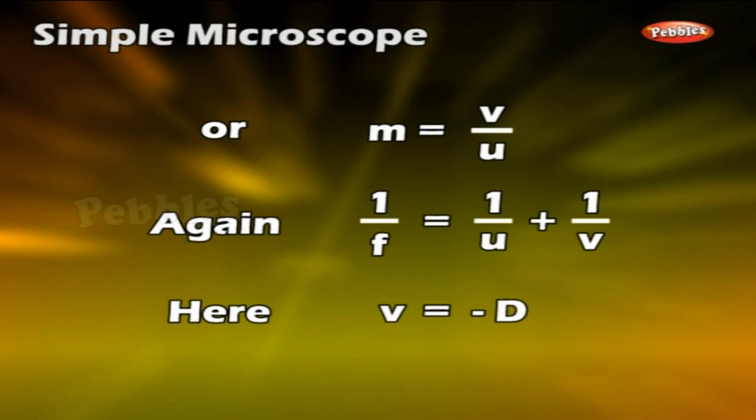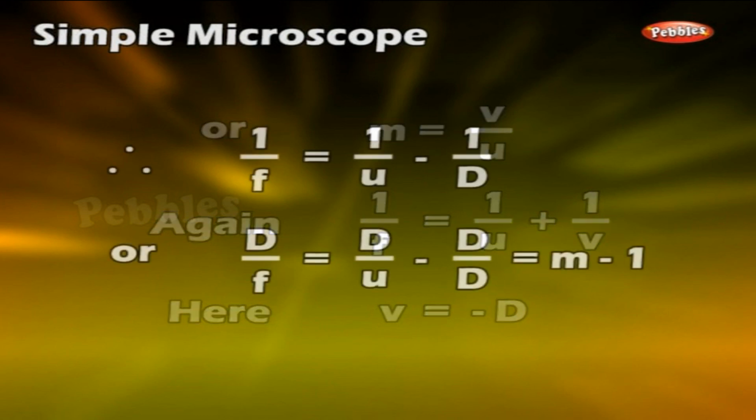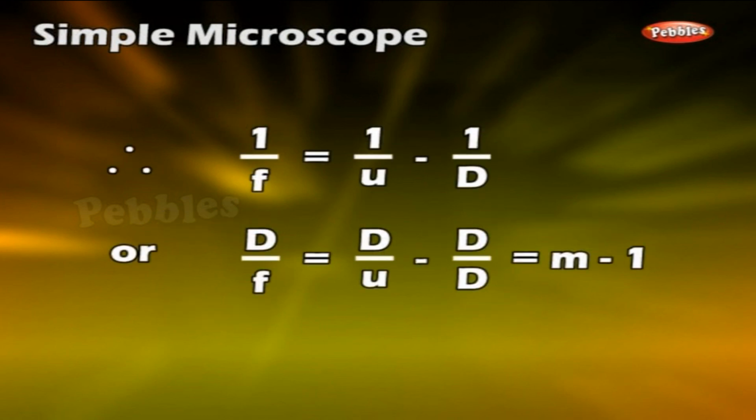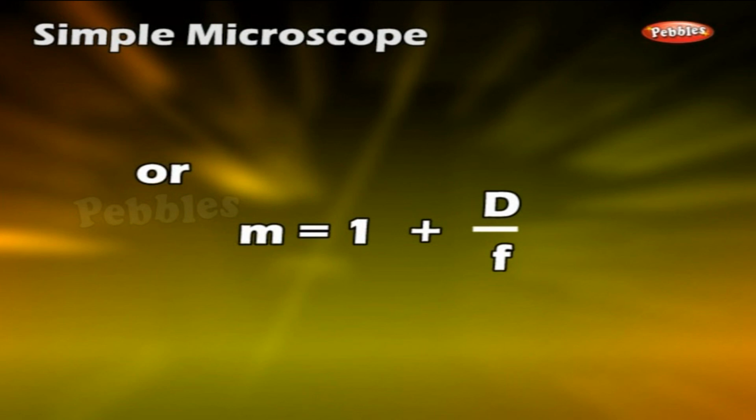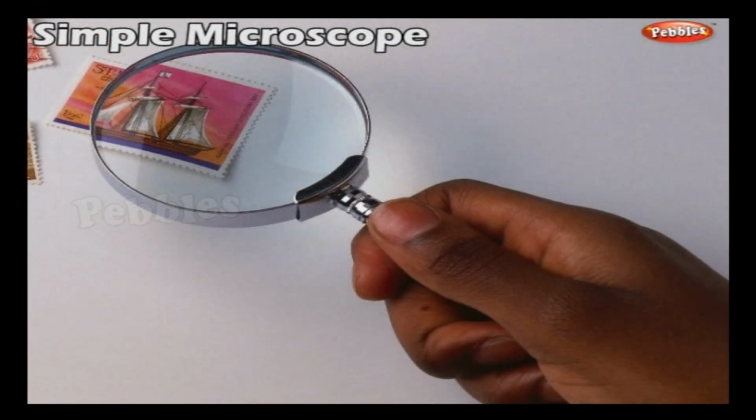Again, 1 by f is equal to 1 by u plus 1 by v. Here, v is equal to minus D. Therefore, 1 by f is equal to 1 by u minus 1 by D, or D by f is equal to D by u minus D by D is equal to m minus 1, or m is equal to 1 plus D by f.